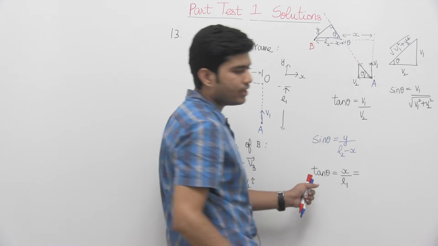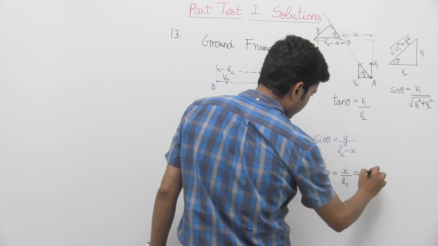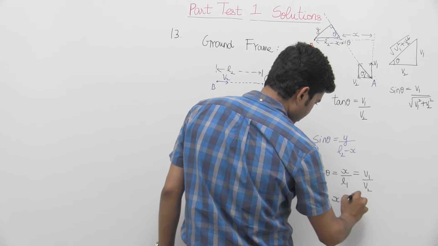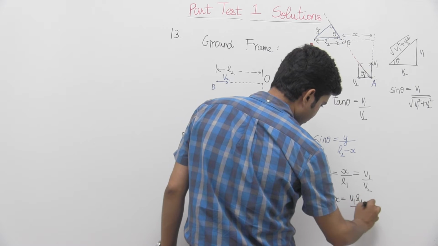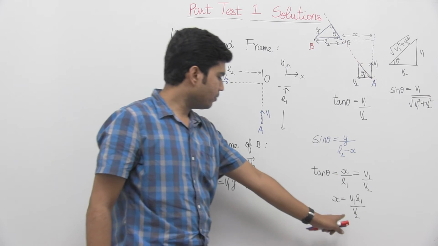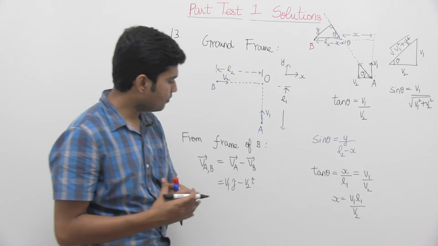We also know the value of tan theta. Tan theta is V1 by V2. So from here, x comes out to be V1 L1 by V2. So you see, x we have finally obtained. So we will put this value of x here and find the value of y, because we have to find y.